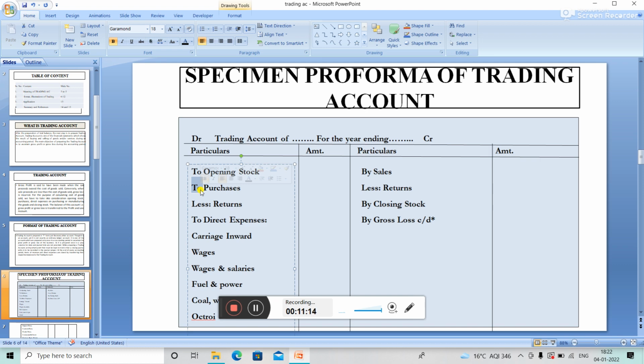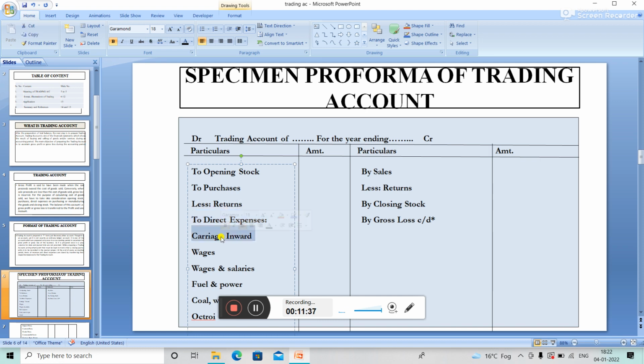Now the next term we are going to discuss is the direct expenses. As already told you, this particular trading account will only involve the direct expenses. Now you see the very first term given here, carriage inward. We are going to understand what carriage inward is.